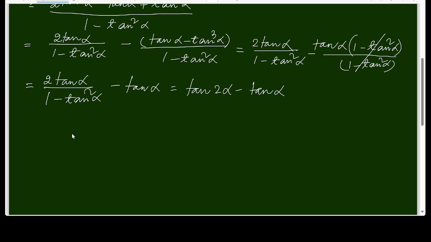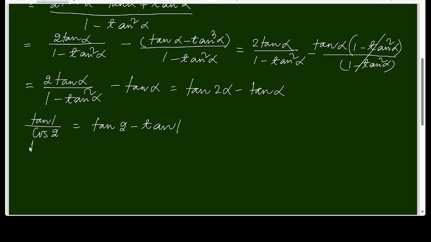Then we'll go for the telescopic sum. That means the first term will be tan 1 over cos 2. It will be tan 2 alpha, so tan 2 into 1, that will be tan 2 minus tan 1.